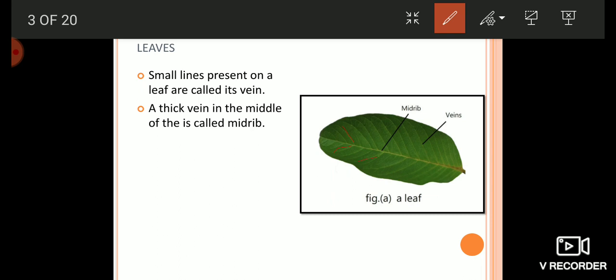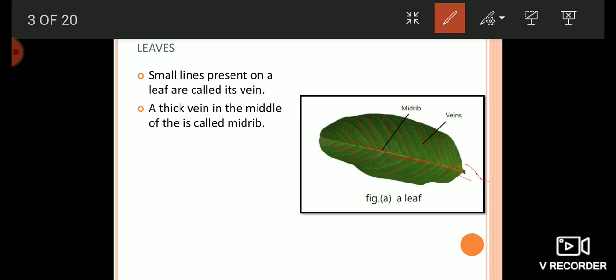Small lines which are present on a leaf are called veins. And a thick vein in the middle of the leaf is called midrib. So this thick vein which is present in the middle of the leaf is called midrib.